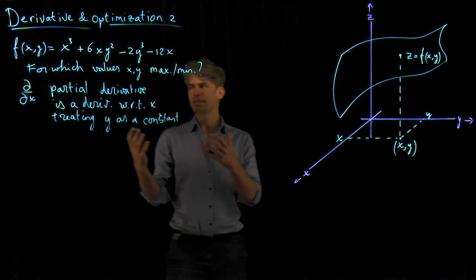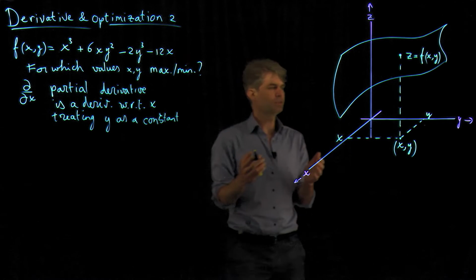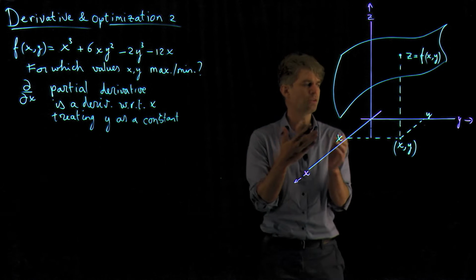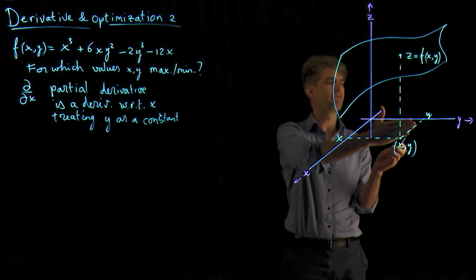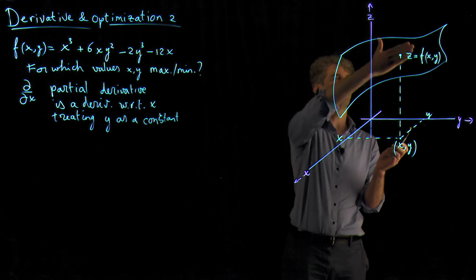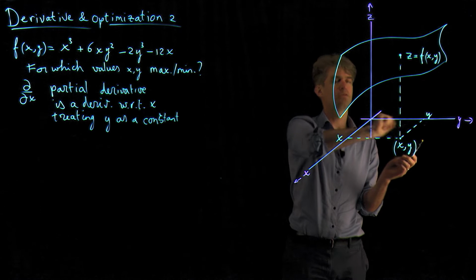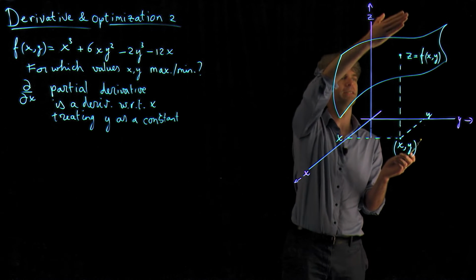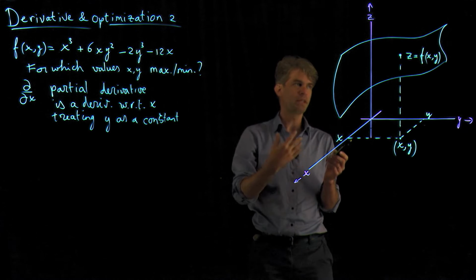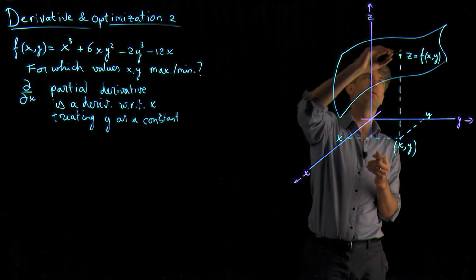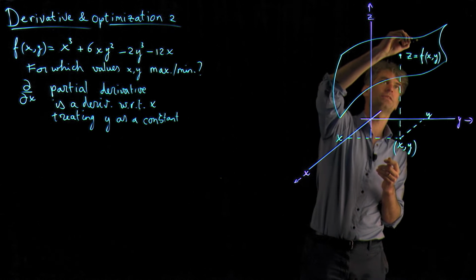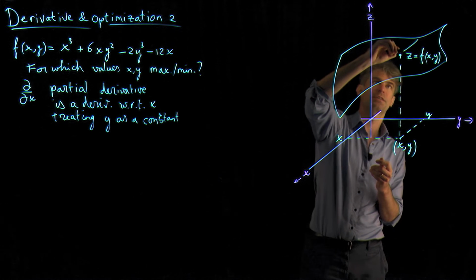And this has a very nice geometric meaning, because if I treat y as a constant, that basically means that I'm in the vertical plane here, going through the value for which y is constant. So imagine a vertical plane here, then there will be an intersection of this plane with the graph, and it might look something like this.